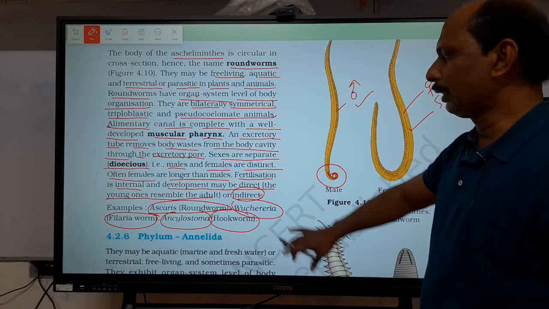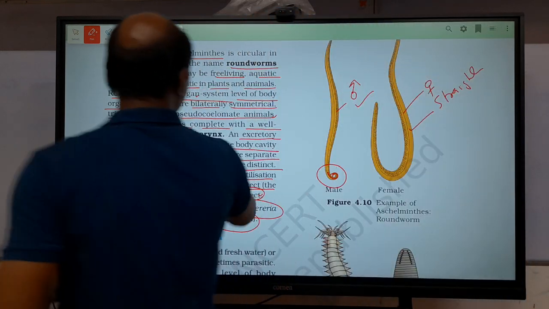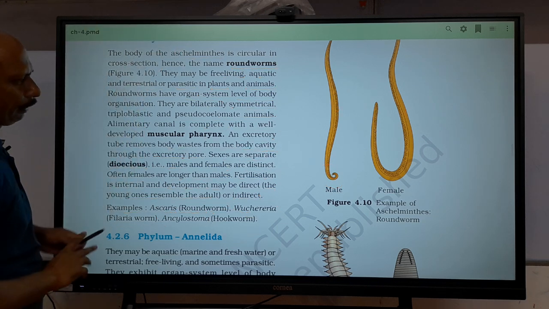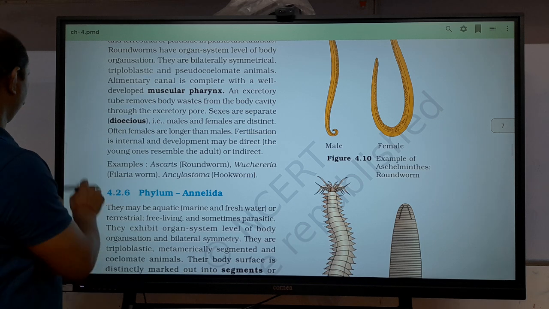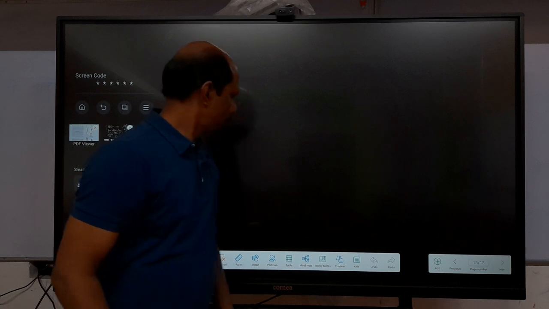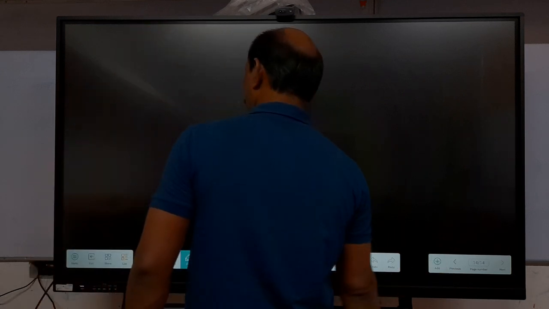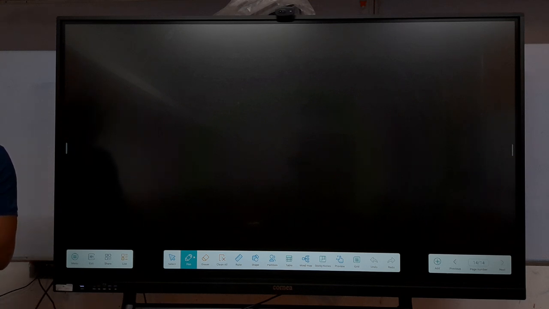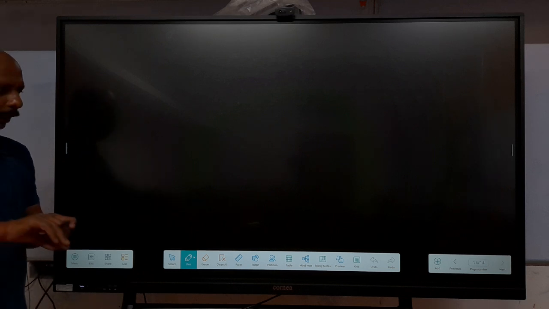So in this NCERT, only a very simple information is given, right? Here I will tell you some other examples.